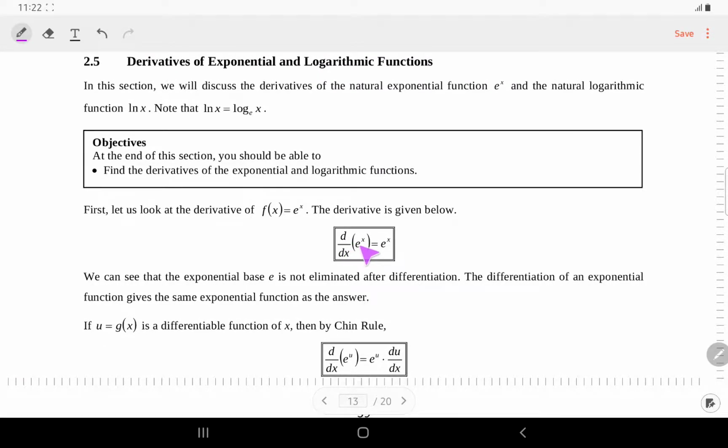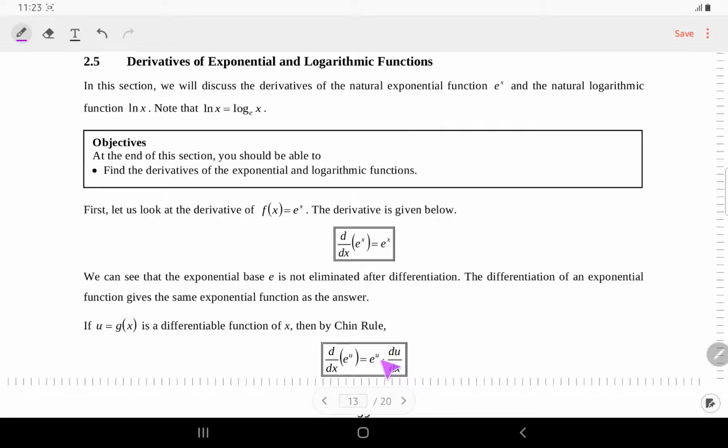Let's say we have exponent power of x. When we differentiate this function, it will be the same, exponent power of x. But if we have exponent power of other than x, let's say exponent power of u, and then we differentiate it, it will become exponent power of u, and then we have to multiply with the differentiation of u.